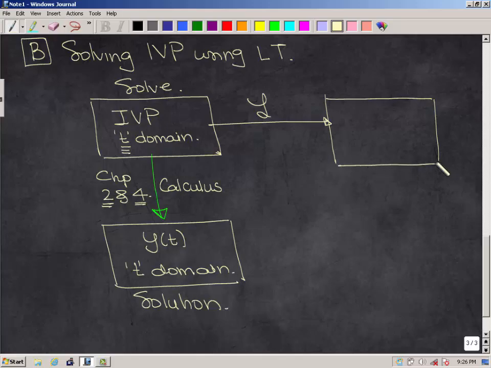This problem is going to be in the s domain, and it's going to involve a function Y of s. So this is going to be a new problem. It's going to be an algebraic problem, first of all, and it's going to be in the s domain.